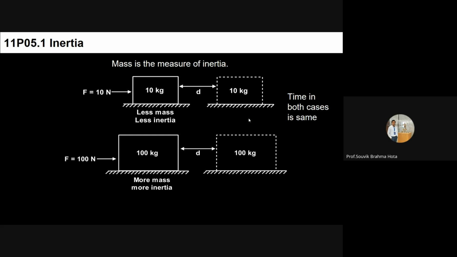Otherwise you will not have the same displacement. That means for less mass you need less force, for more mass you need more force to get the same amount of displacement. The more mass means more inertia. That is why you need more force to overcome it.